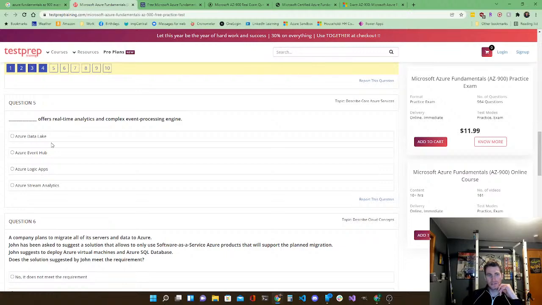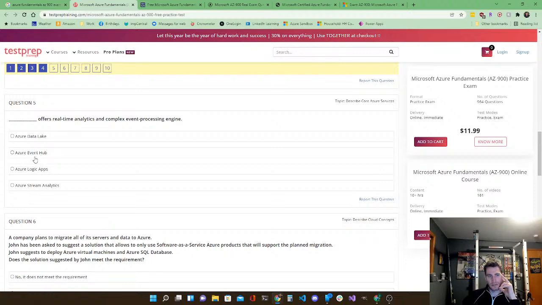And you can kind of just dump data there, and it's a little bit better than blob storage, but not much. But it's really cheap. I don't know what it's got for analytics and event processing. I think it's just more storage, so I don't know if that makes sense.